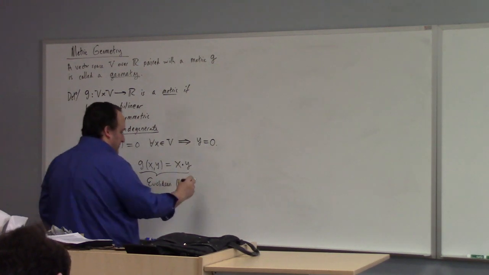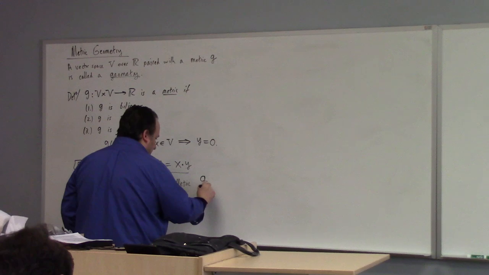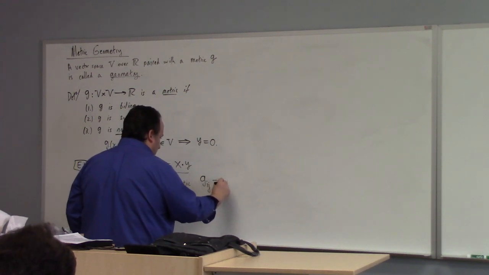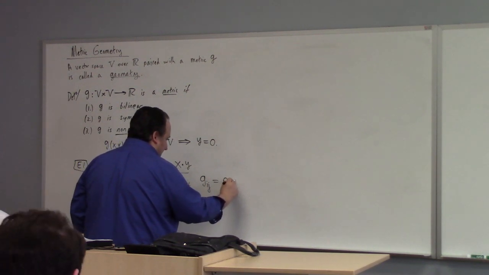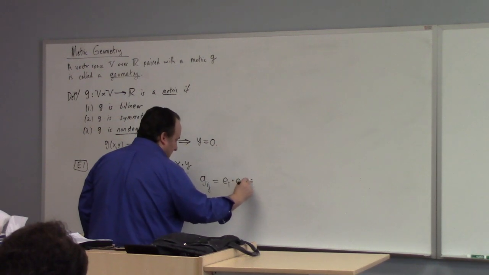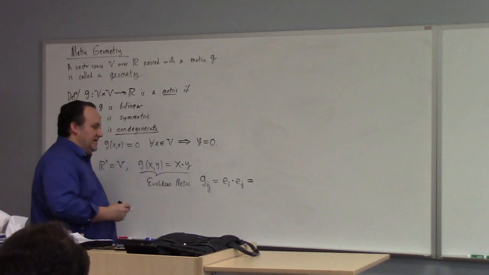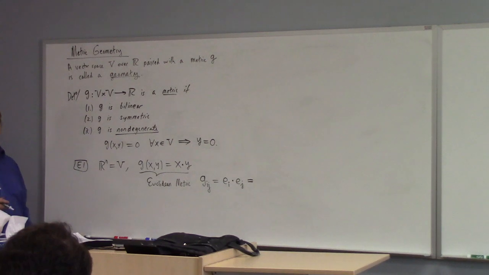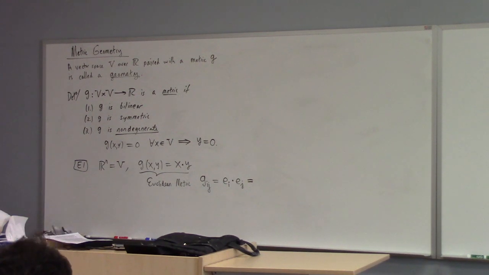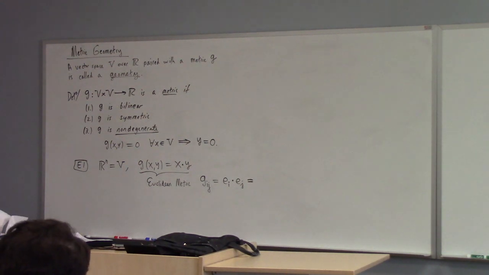What are the components? G_ij, right? If we do e_i dot e_j, and here I am using the standard basis. Last time I was using e_i and e_j, I guess also as a standard basis for the most part. I mean, I admit a certain hypocrisy. I sometimes use e sub i as an abstract basis, but not always. So if in doubt, ask me.